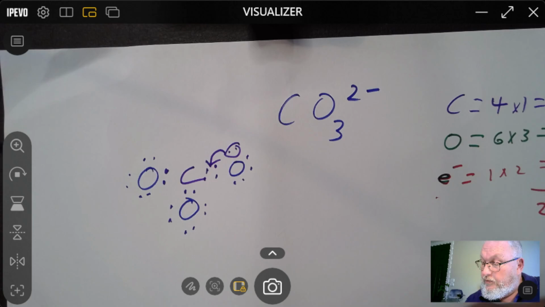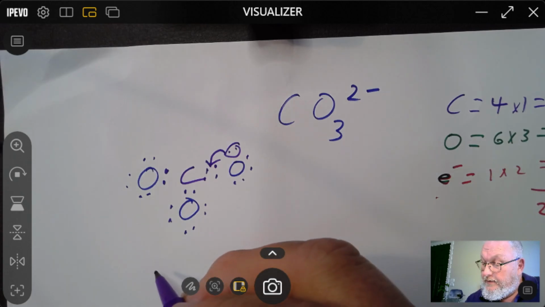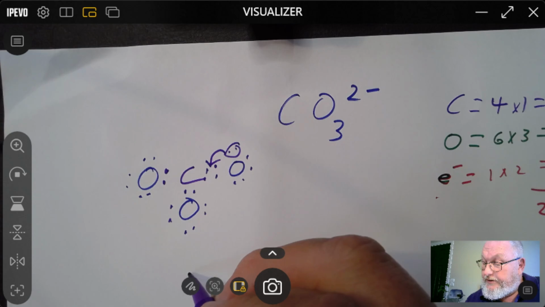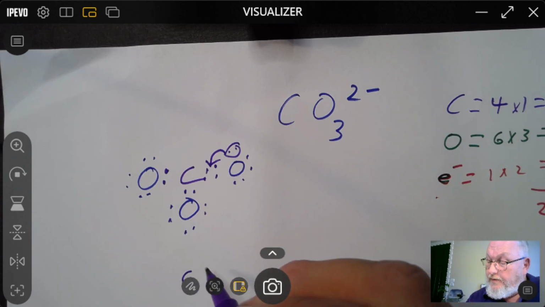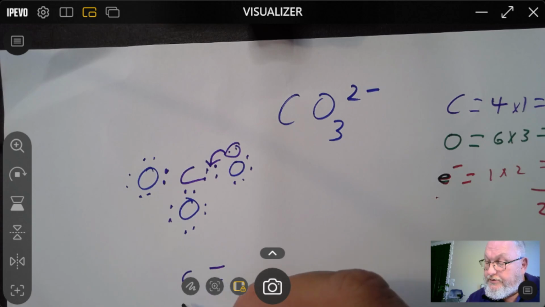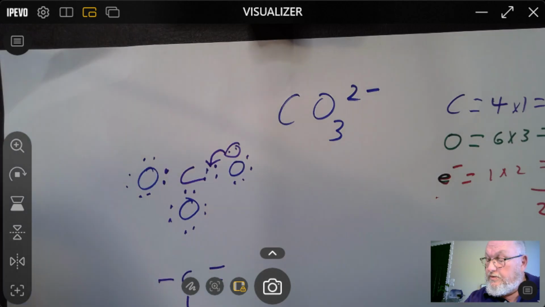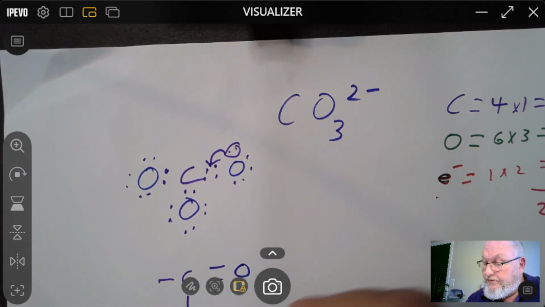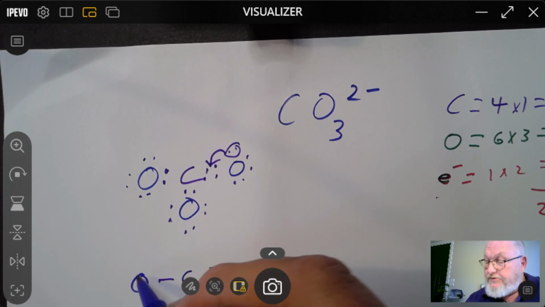So let's see what we have, and I'll clean it up. Carbon, double bond, which of course does show resonance also. Oxygen, oxygen, oxygen.